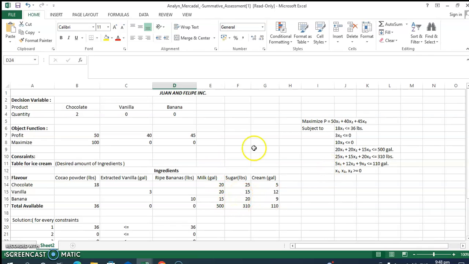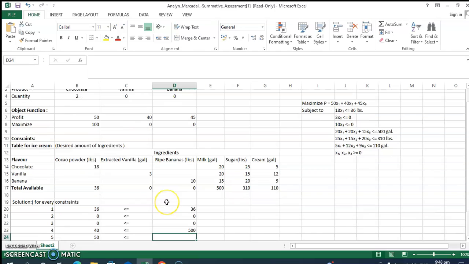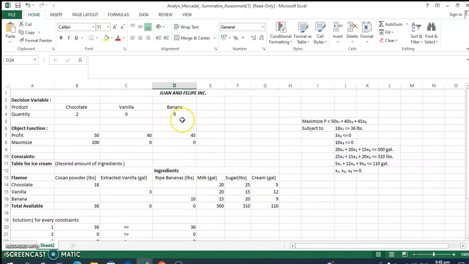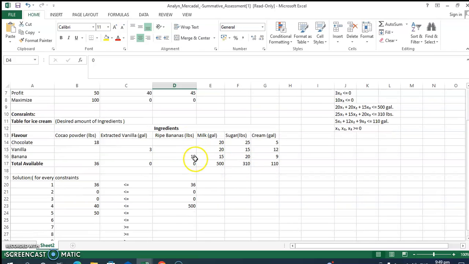So 15 times x sub 2 is equal to 0. And then 20 times x sub 3, where x sub 3 is equal to 0, so 20 times 0 is equal to 0. The available sugar is 310. So the constraint is 50 is less than or equal to 310.